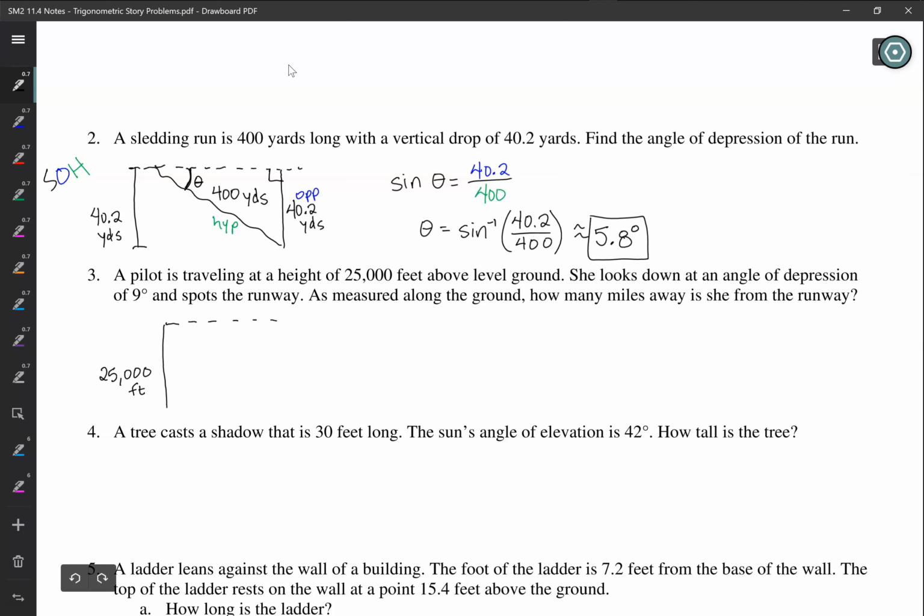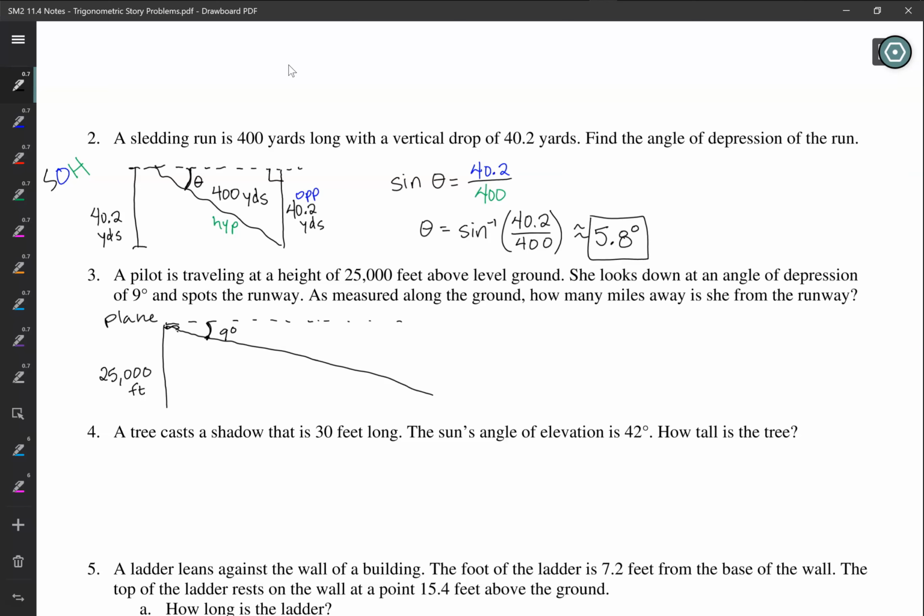And your pilot, so the plane's right here, your pilot looks down at an angle of depression of 9 degrees.